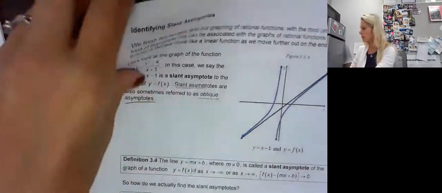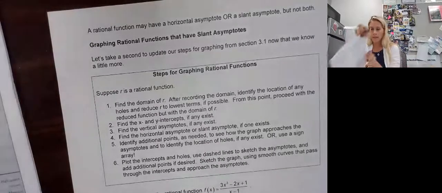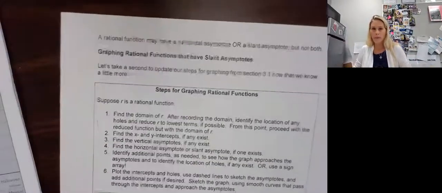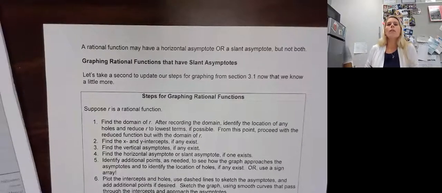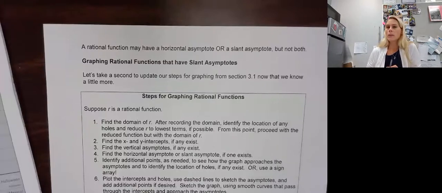All right, there we practiced some long division to help us graph. Now let's do some graphing, okay? A rational function may have a horizontal asymptote or a slanted asymptote, but not both, because it's one or the other, right? Let's take a second to update our steps for graphing in section 3.1.